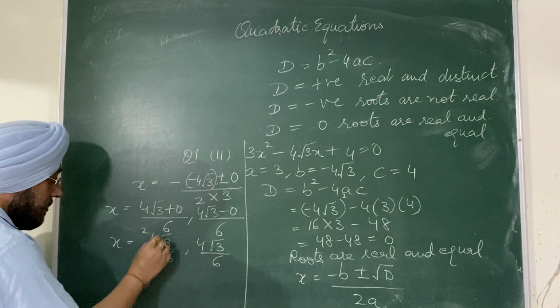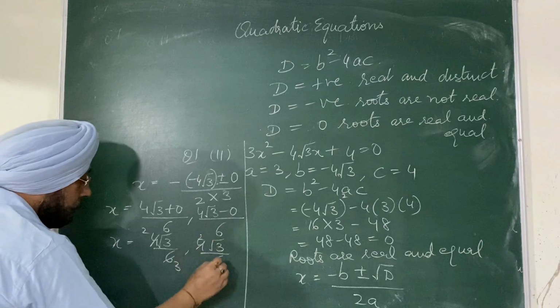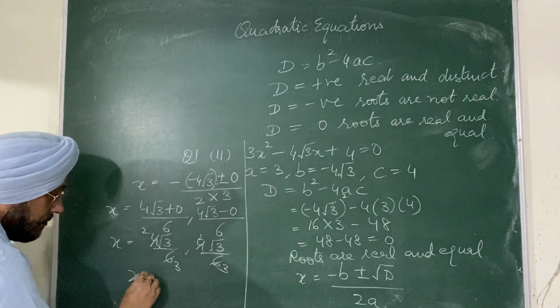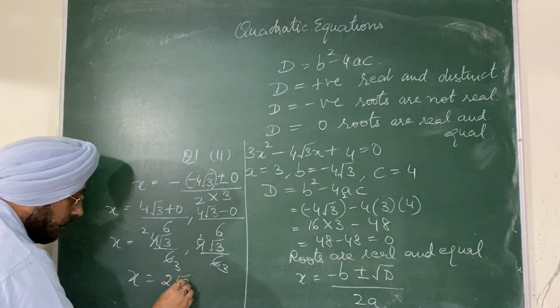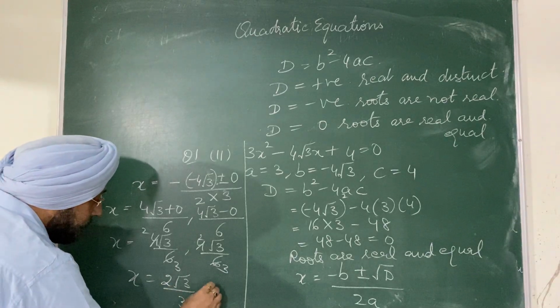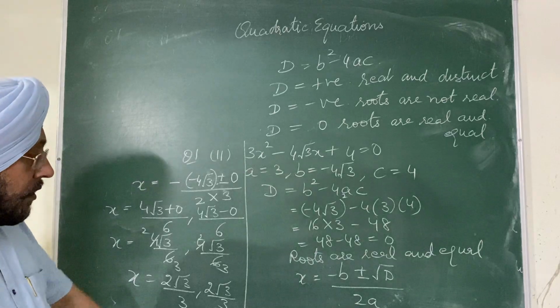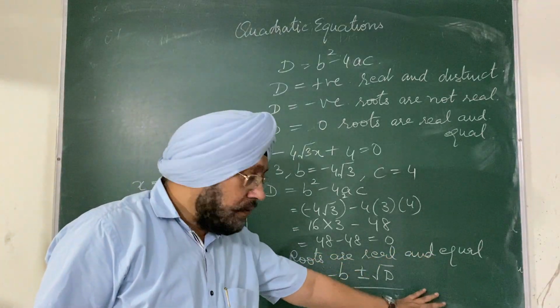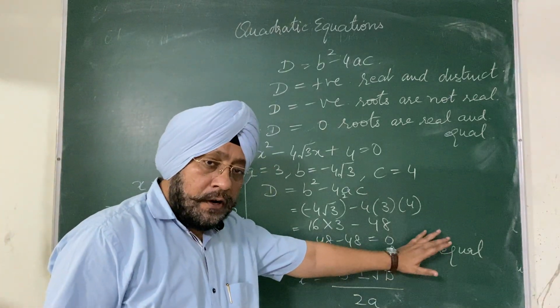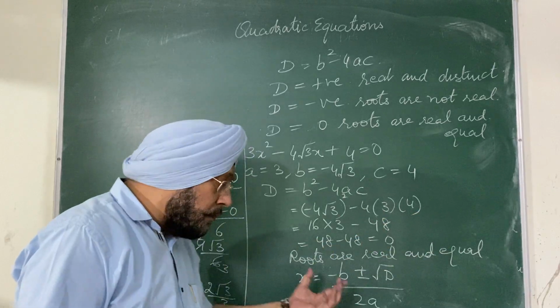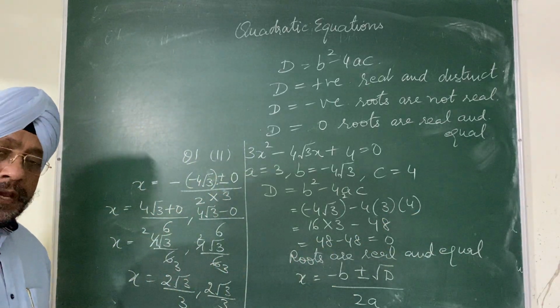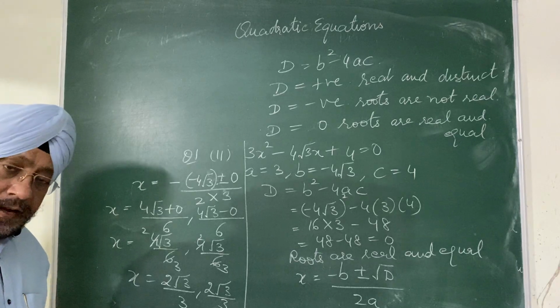When we cancel these numbers with 2, you can see we are getting the same zeros. It means whenever we have D equal to 0, we always get two zeros, but both the zeros will be equal. So this is the answer.